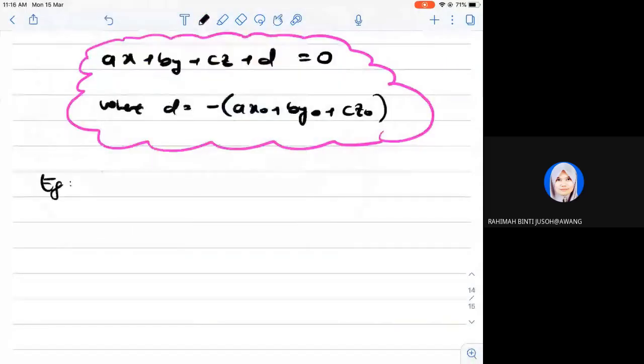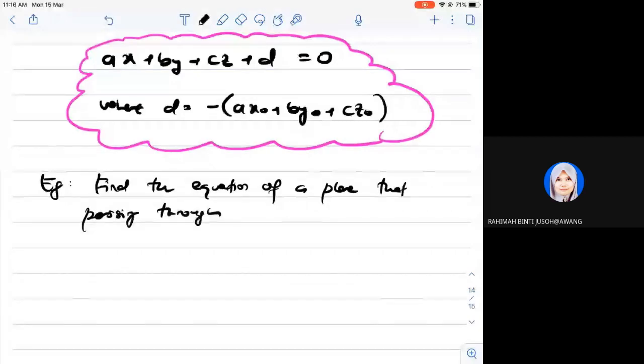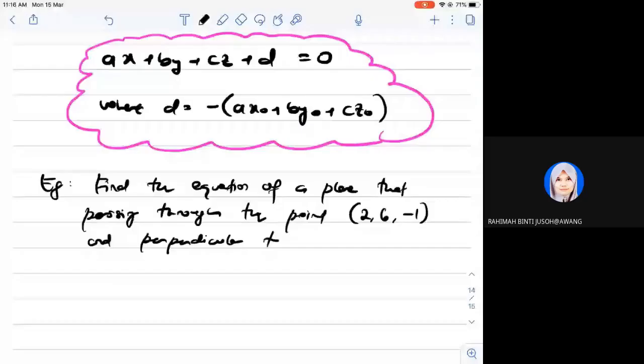Find the equation of a plane that is passing through the point 2, 6 and -1 and perpendicular to the vector -3i plus j minus 5k. So let's say this is the question.